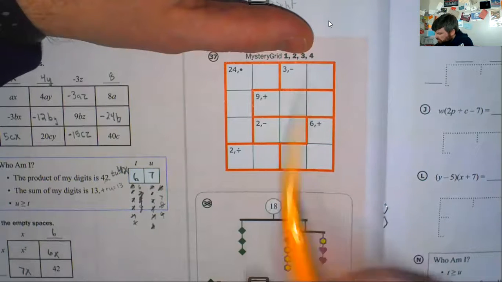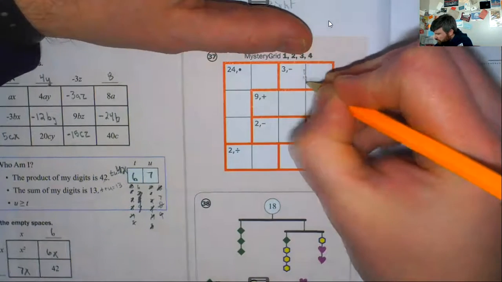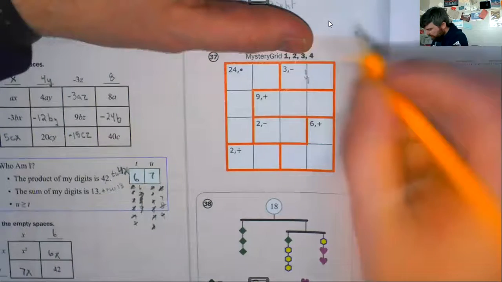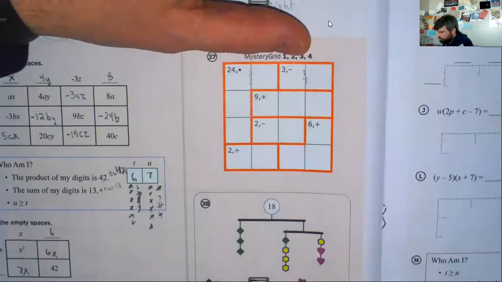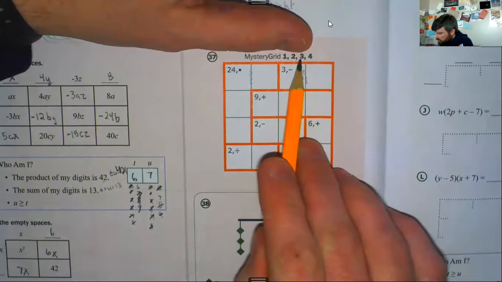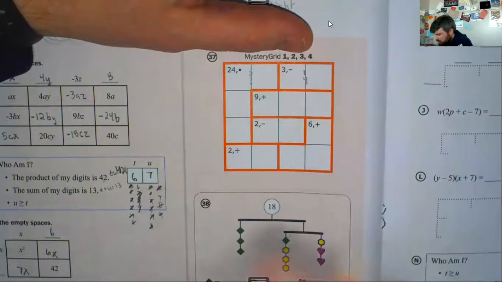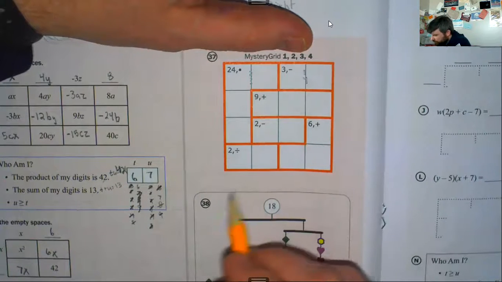The only way to get 3 with subtraction is 1 and 4, which if a 1 and 4 is going over here, that means 2 and 3 is going here. You're going to add to get 9. So that could be a 4, 3, and a 1, or 4, 3, and 2. So 4, 3, and 2 going in there somewhere.